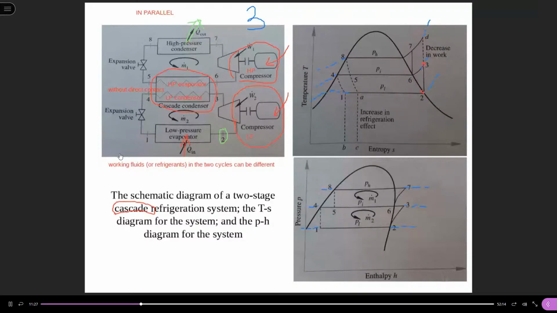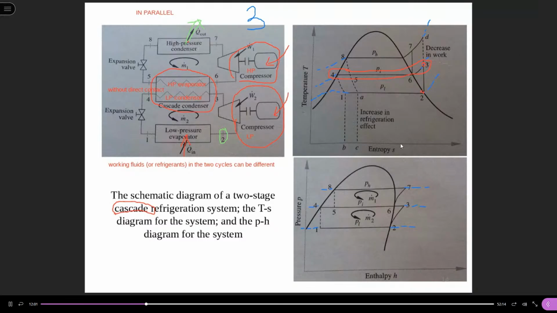In the Cascade condenser, we can see this process is a heat exchange process, and all these four states shall be on this pressure line. This is a heat exchange process.